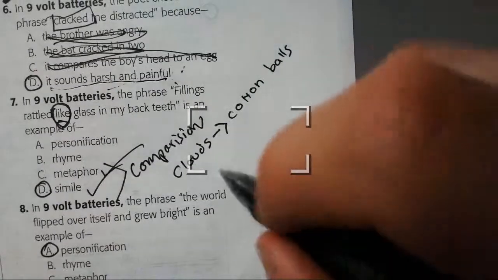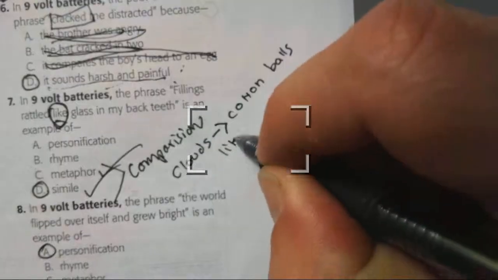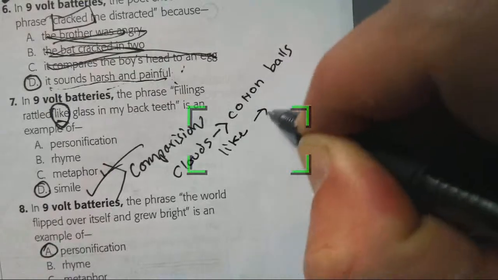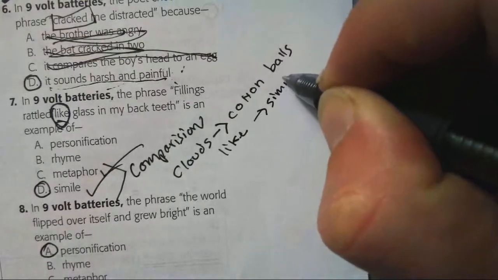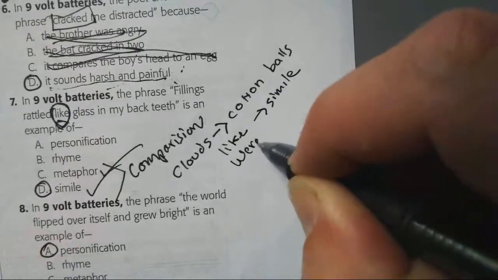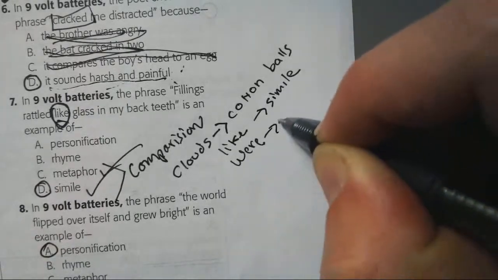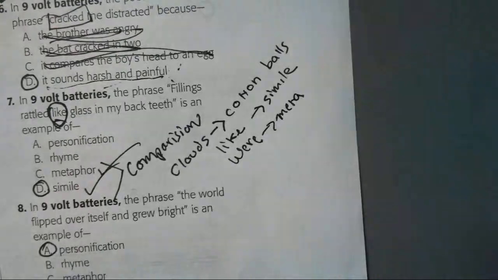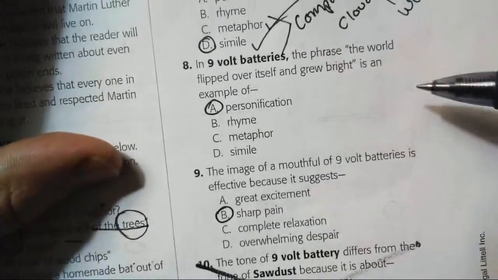This is the one that I talked about in class, right? The clouds are like cotton balls, well then that's a simile. Clouds were cotton balls, that's a metaphor. Hopefully you know that by now.